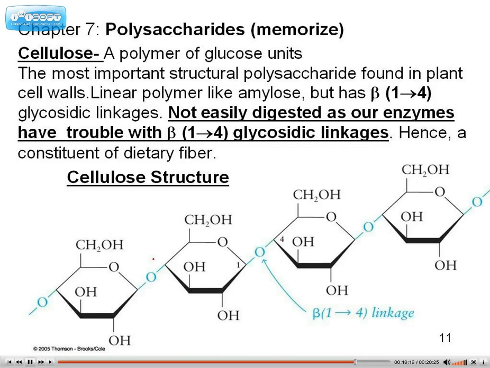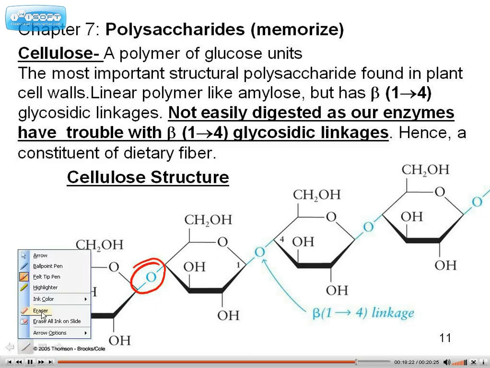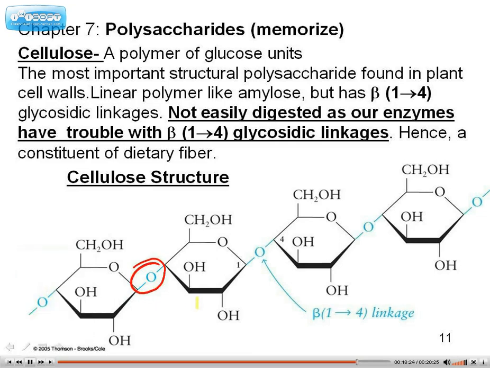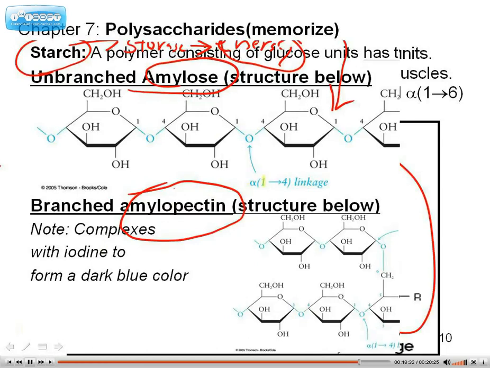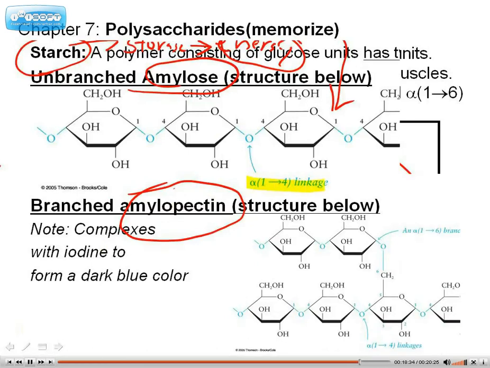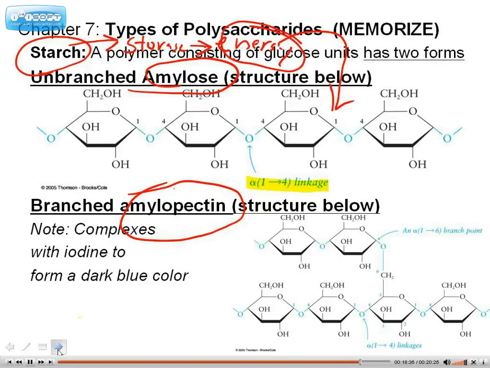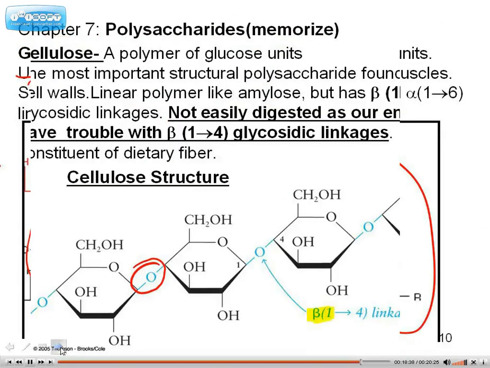So what is the big difference between amylose and cellulose? Even though they're both sugar units, it's all about the linkage. In this case, cellulose is going to be beta 1,4. Compare that to amylose, which, using my highlighter, is alpha 1,4. Sketching this is going to be pretty easy.